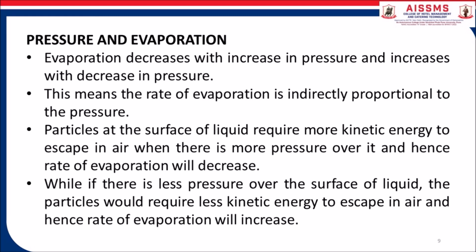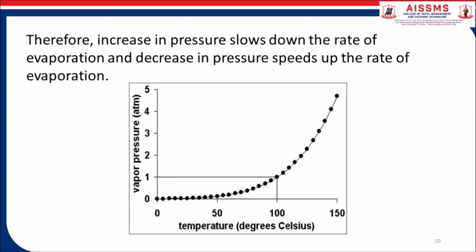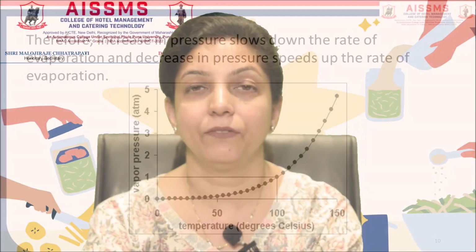While if there is less pressure at the surface of the particular water body or the liquid, the particles would require less kinetic energy and they would easily escape into the air in the form of vapor, that is an increased rate of evaporation. You can see the diagrammatic representation of this explanation, which mentions that an increase in pressure slows down the rate of evaporation and a decrease in pressure speeds up the rate of evaporation.